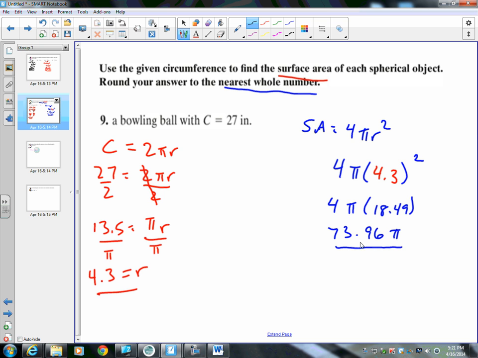So we're going to go ahead and multiply this out in the calculator, 73.96 times pi, and we get 232.35, which rounded to the nearest whole number, 3 tells it to stay the same, so we get 232. And this would be our total surface area.